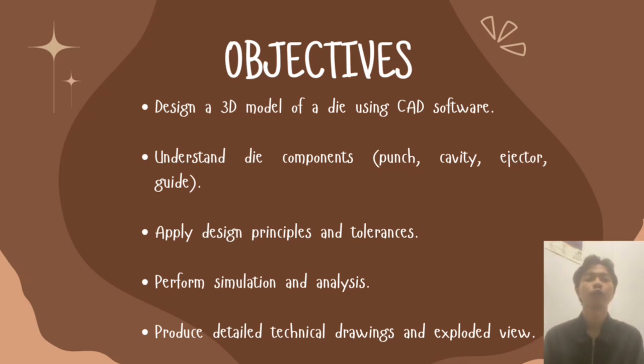I also aim to apply proper design principles and tolerance, perform simulation and analysis to check stress and deformation, and finally produce detailed technical drawings and an exploded view of the die assembly.